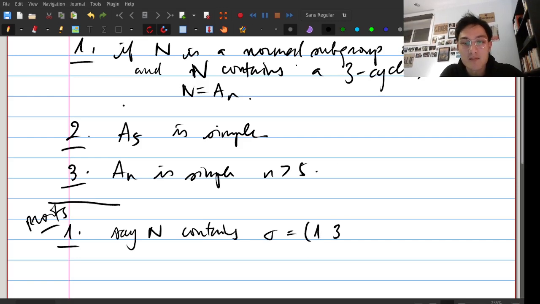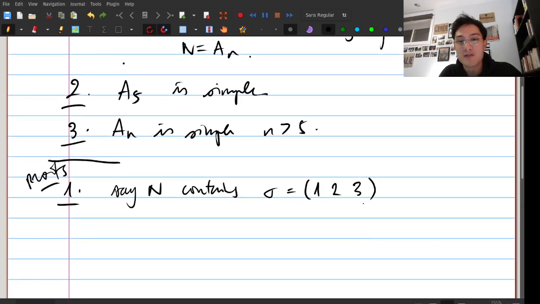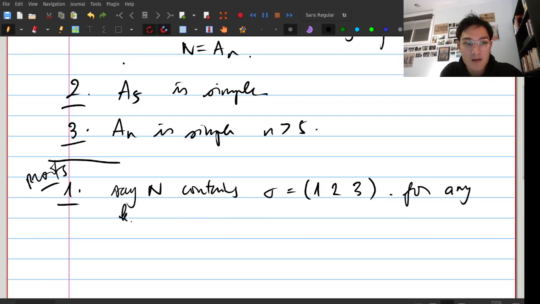Then, since we have (1 2 3), we should be able to get any (1 2 k). There are still some computational tricks, but I do know we need to get to (1 2 k), because these generate A_n. So for any k in 4 up to n, I think you do this.